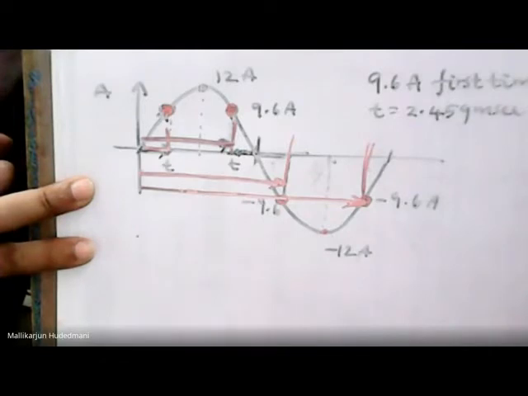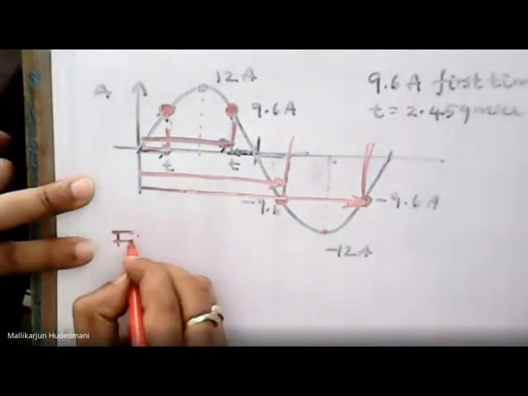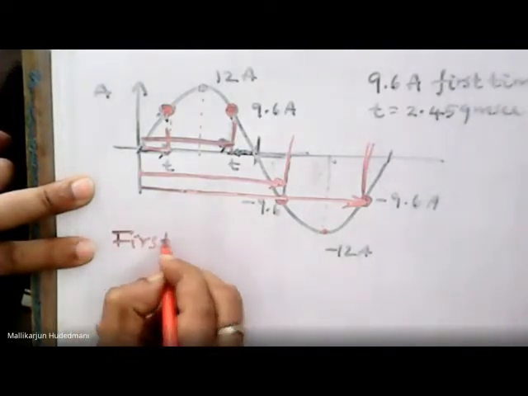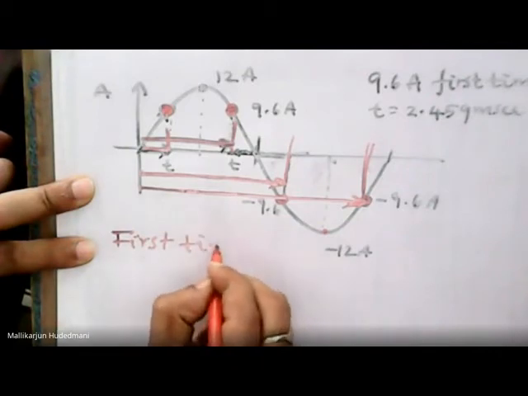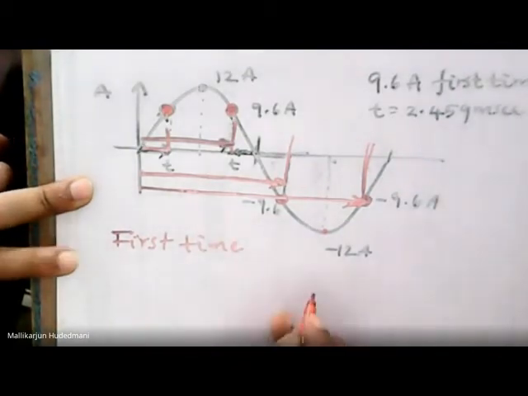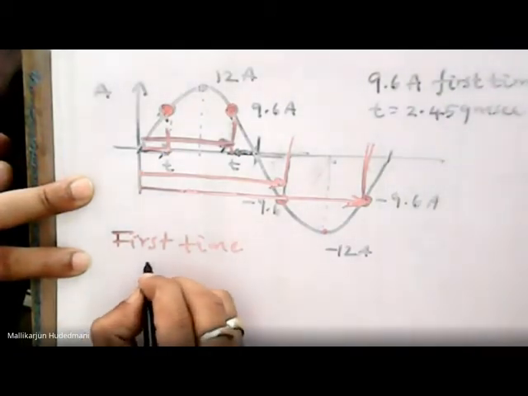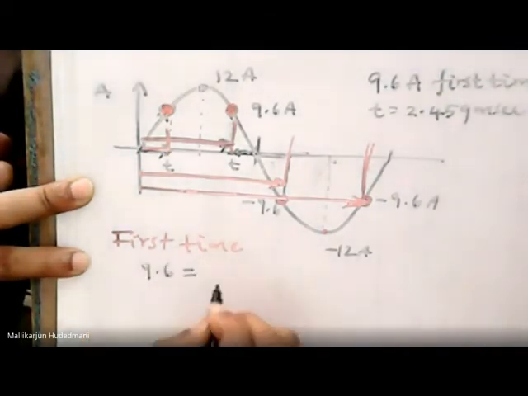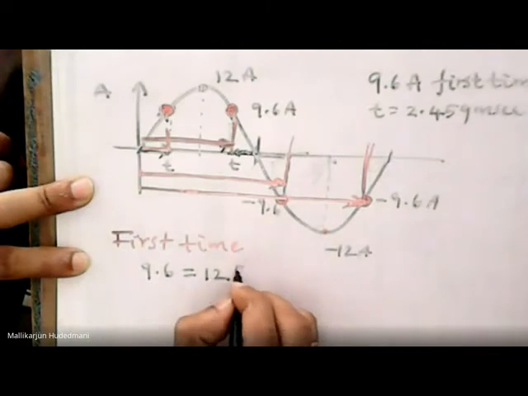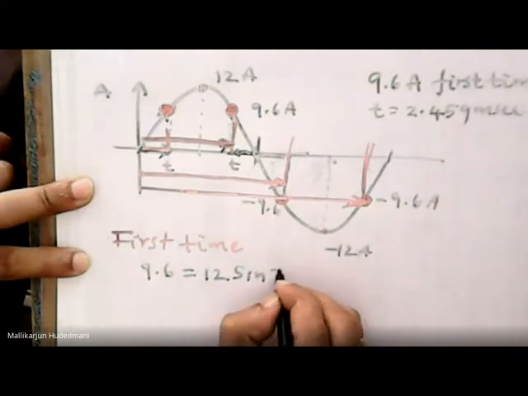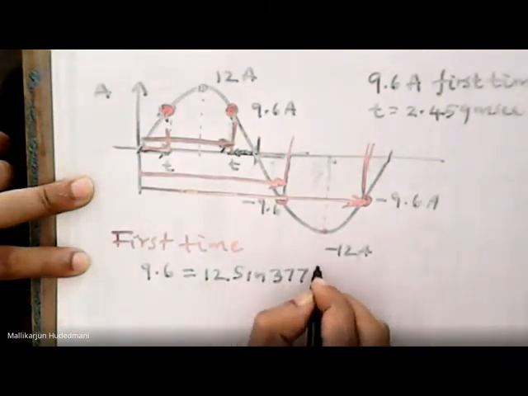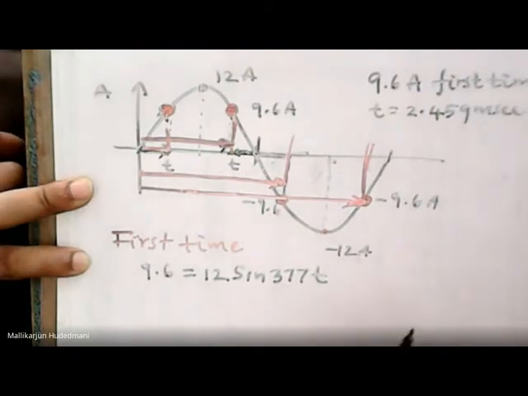So for the first-time calculations, what will I be doing? Given number equal to 12 sine 377t. For the first time, I will be using this kind of equation.